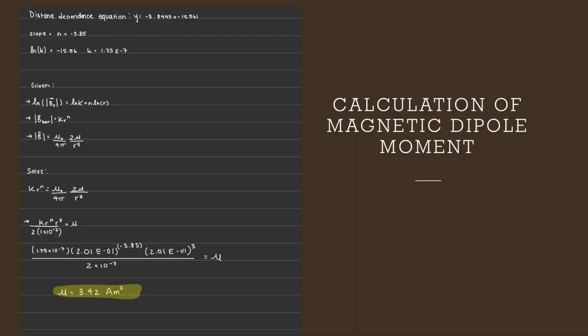So using that equation from before, we know that the slope is negative 3.85, found the value of ln k, which then gave us the value of k, which we plugged into our formulas down here, the given formulas, and we're able to calculate mu to equal 3.42.